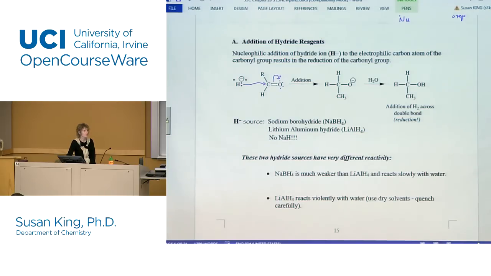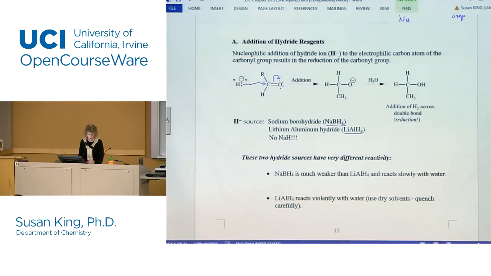So can you do this reaction with sodium hydride? No. Sodium hydride does not add to carbonyls, so we have special reagents that do. You do the addition, and then you add water or acid in the second step. And as you can see, we've actually reduced the carbon-oxygen double bond. The reagents that we will use are sodium borohydride, NaBH4, and lithium aluminum hydride, which you're also familiar with.